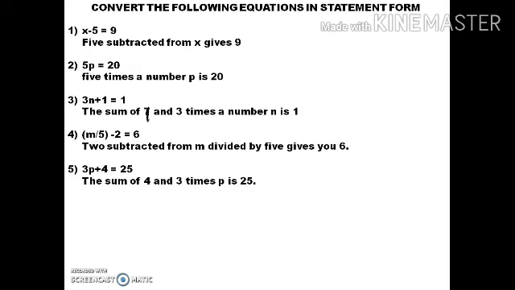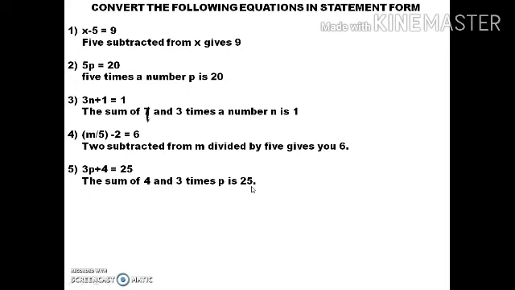Students, now compare the third and fifth question. The sum of 1 and 3 times a number n is 1. And here, the sum of 4 and 3 times p is 25.